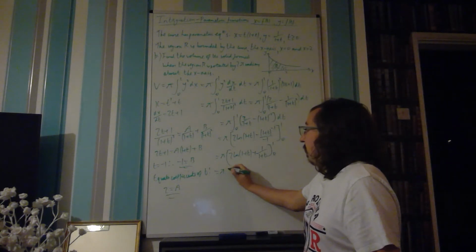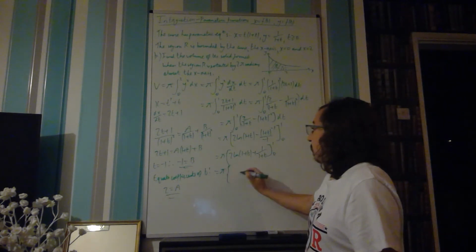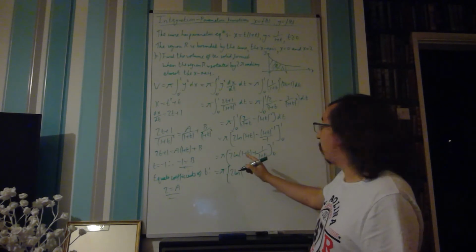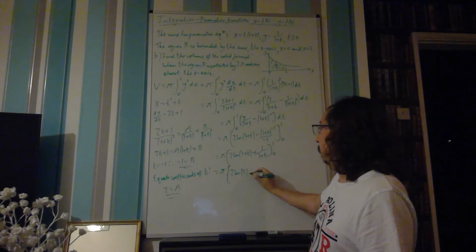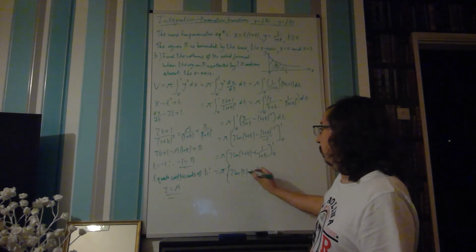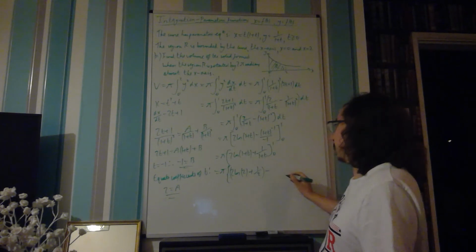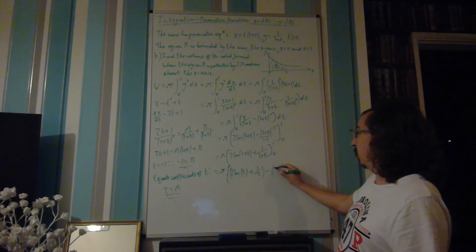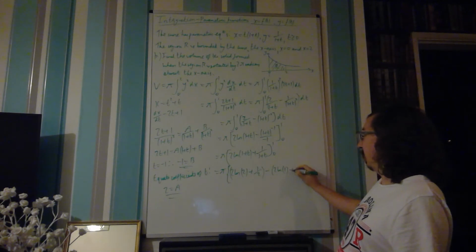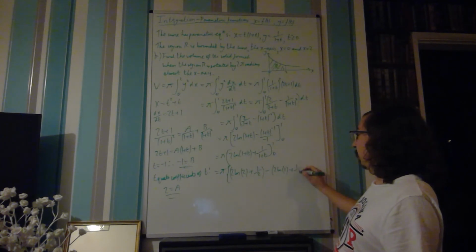So we have pi, let's keep that on the outside, of 2 times the natural logarithm of 1 plus 1, which is 2, plus 1 over 1 plus 1, which is 2, minus in the middle, 2 times the natural logarithm of 1 plus 0, which is 1, plus 1 over 1, which is going to be 1.